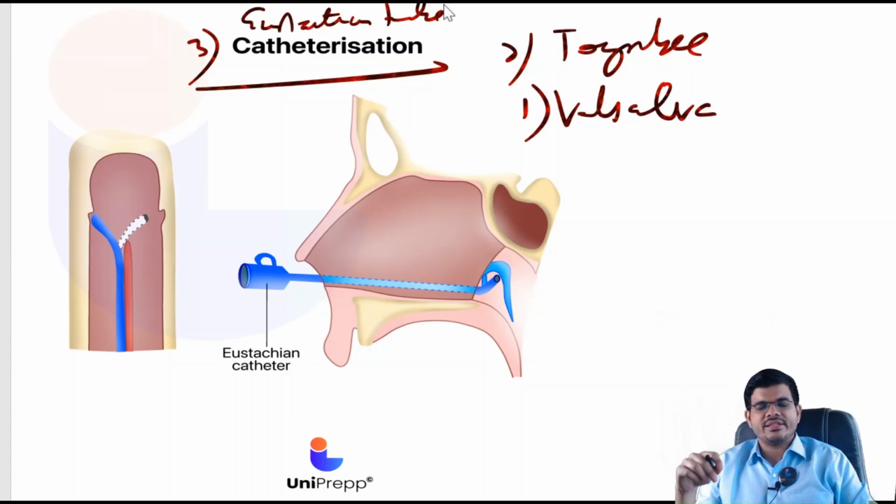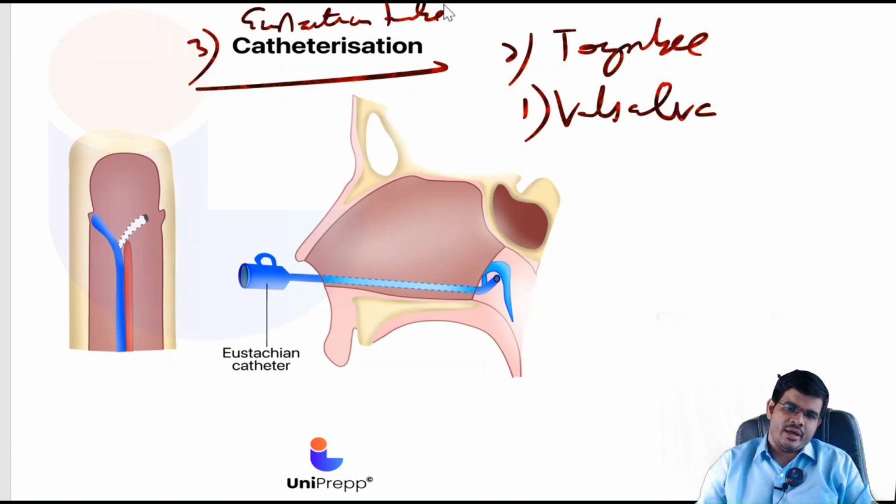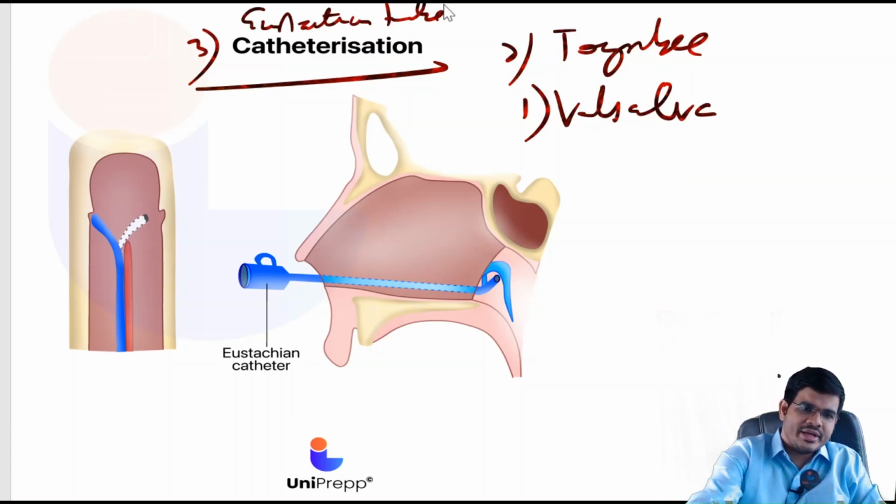After cannulating the orifice, you insert the Politzer bag and deflate it so as to cause a sound within the middle ear. If you auscultate with a stethoscope or an auscultation tube, you will be able to hear that sound if the eustachian tube is patent. So that is called eustachian tube catheterization.